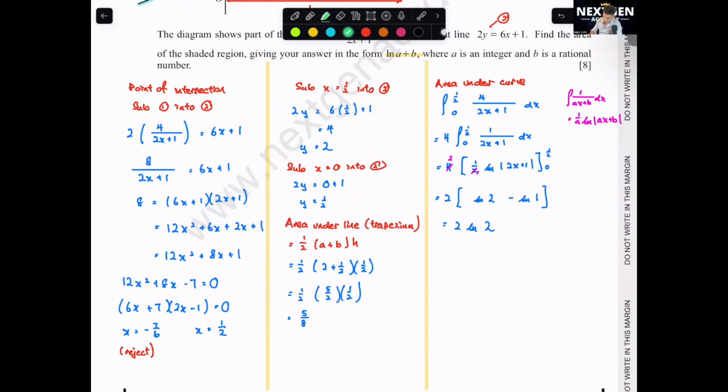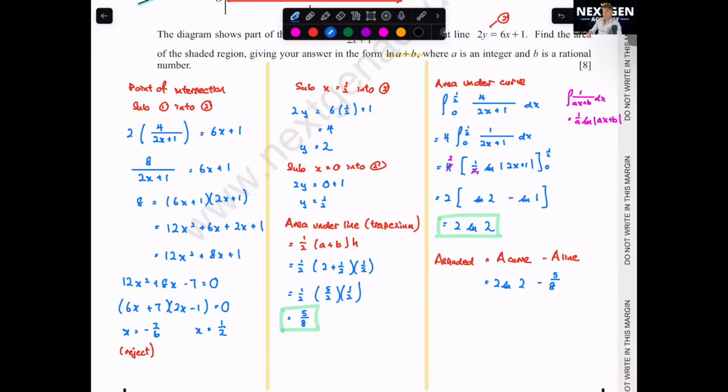We take these two values, the area under the line and area under the curve. So the area of shaded region will be area under curve minus area under line. So it will be 2 ln 2 minus 5 over 8.